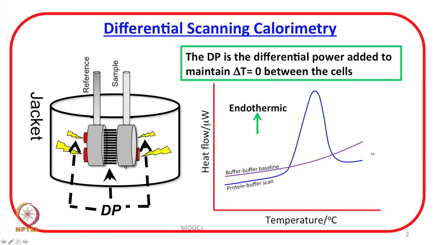We also highlighted the significance of carrying out a buffer baseline, which should take care of the heat capacity effects due to the solvent and also the geometrical differences between the sample cell and the reference cell. The design of the sample cell and the reference cell can make a big difference.